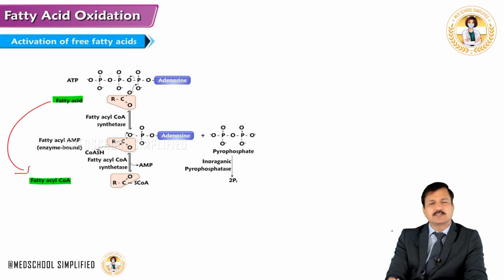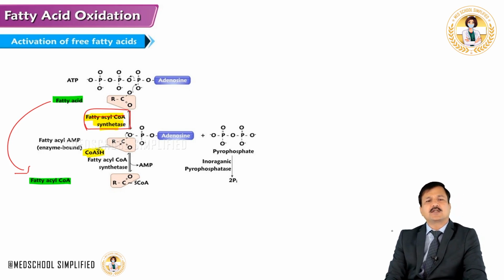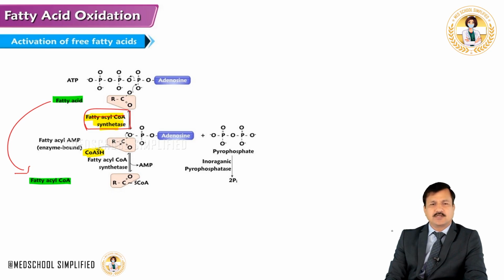The figure is showing you that fatty acyl-CoA synthetase is the enzyme that will activate a fatty acid into its CoA form by using a reduced coenzyme A, that is shown here. And note that reduced coenzyme A is a derivative of pantothenic acid.